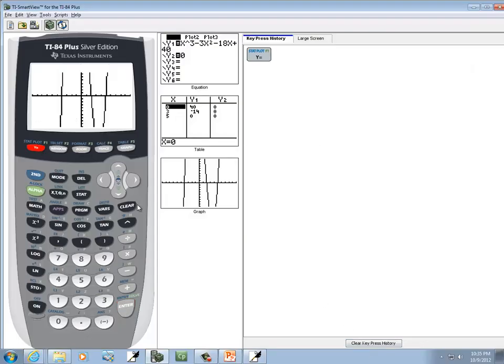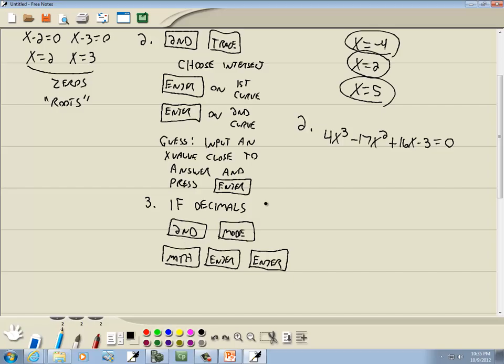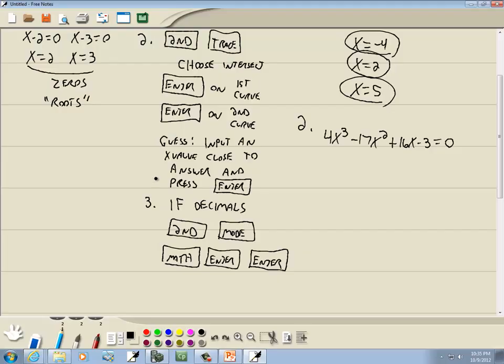So press y equals, press clear. I get x caret 3. Now, oops, lied to you. 4x to the third. So we do a clear. 4x caret 3. Now, if you got one of those fancy newer TI-84s that throws it in exponent mode, to get out of exponent mode, like if you got x and this actually looks like this third power there, you press your right arrow key before you do the rest.